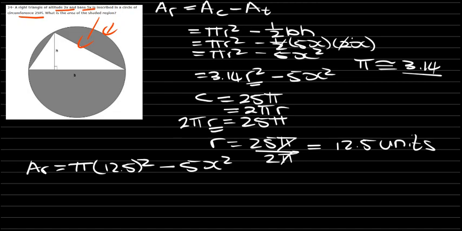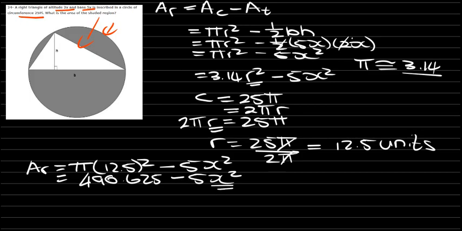Now we can put even more numerical values to this. Pi times 12.5 squared is 490.625 units squared, minus 5x squared.